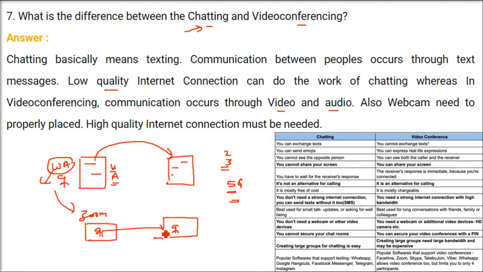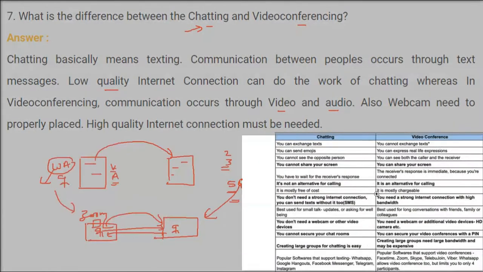You will see the person and talk to the person live, as if you are just standing in front of them. This is video conferencing. For that, you need a video camera, that is a webcam basically, and then you need some audio device that is normally already embedded in your device. So this is video conferencing.